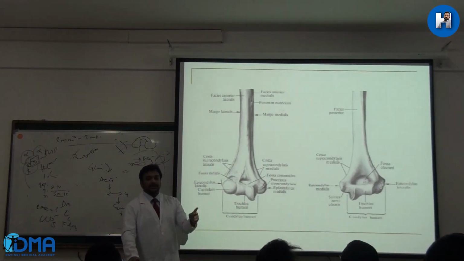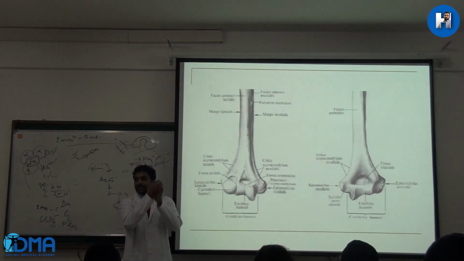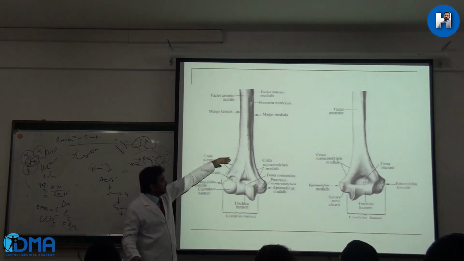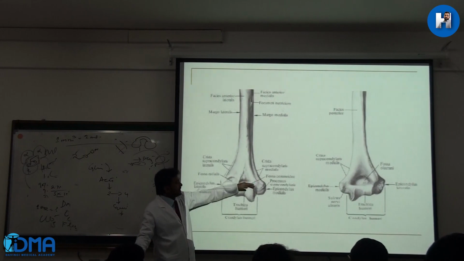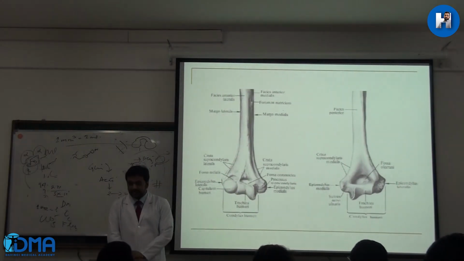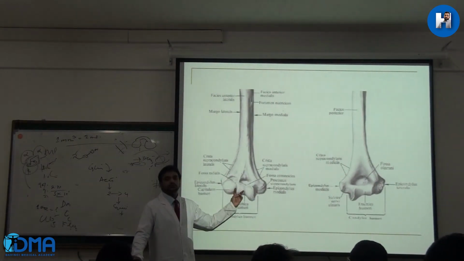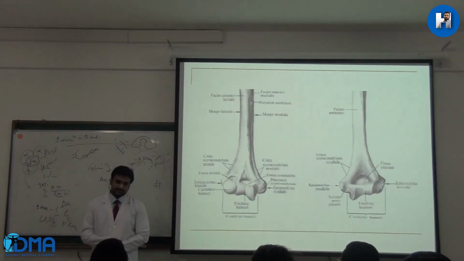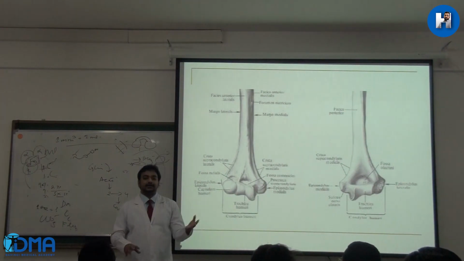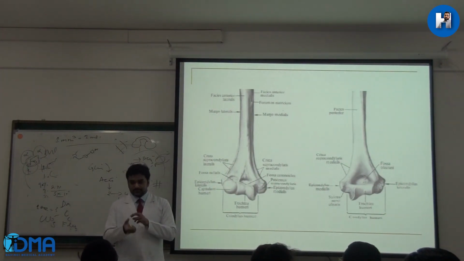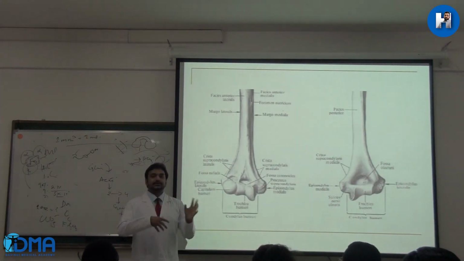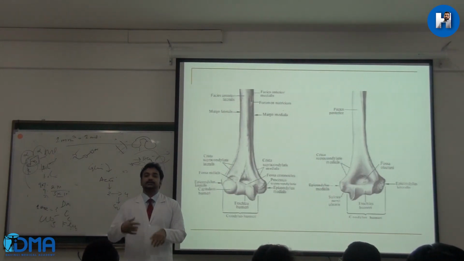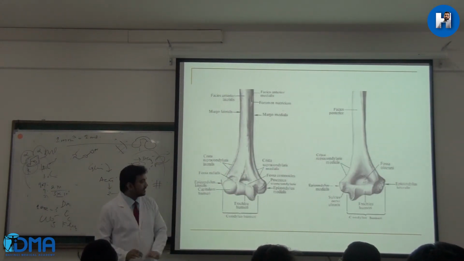Similar to the femur, if you see the lower border, in the femur we have two condyles and two epicondyles, because they are long tubular bones. If you come to the lower border, instead of condyles over here we will be having two structures, because there they were condyles and articular surfaces. Here, because of the radial head and olecranon fossa, the structure will be a little different from our tibia and fibula.